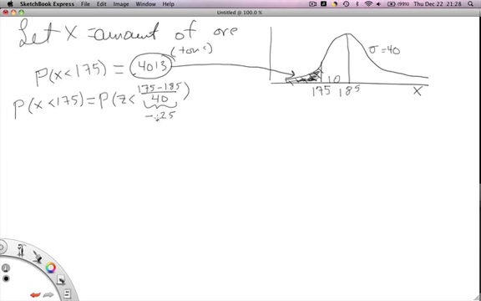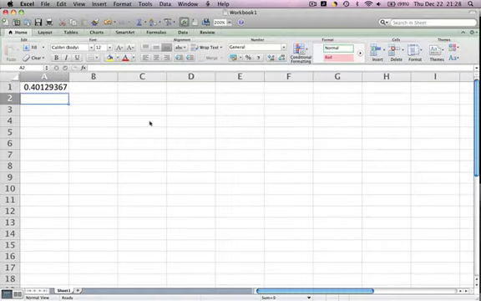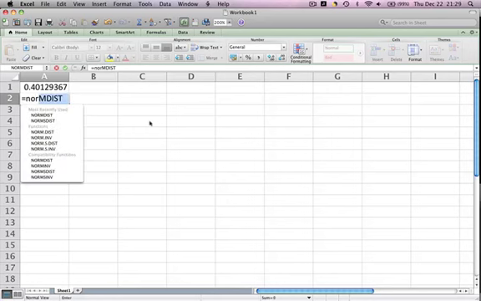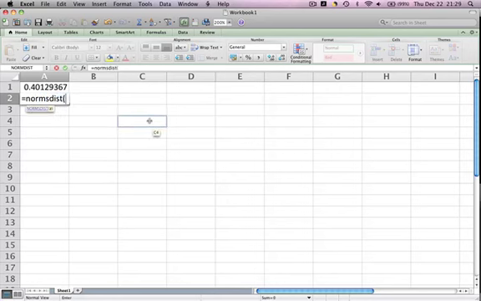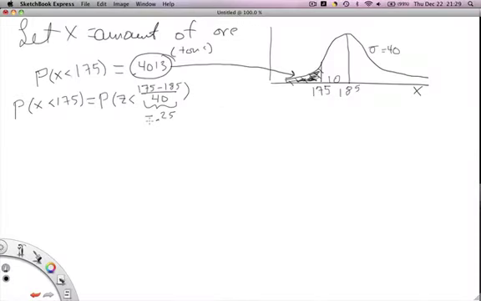Now if I go back to Excel for a second, and this time I'm going to say NORM.S.DIST, and let's put in minus 0.25, you're going to see that we get exactly the same answer. Okay, so this gives us exactly the same answer, 0.4013.